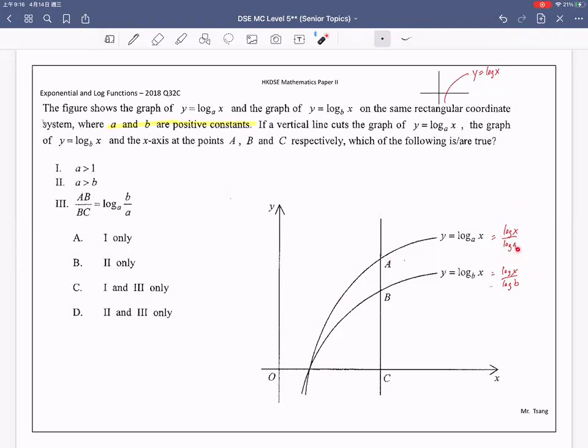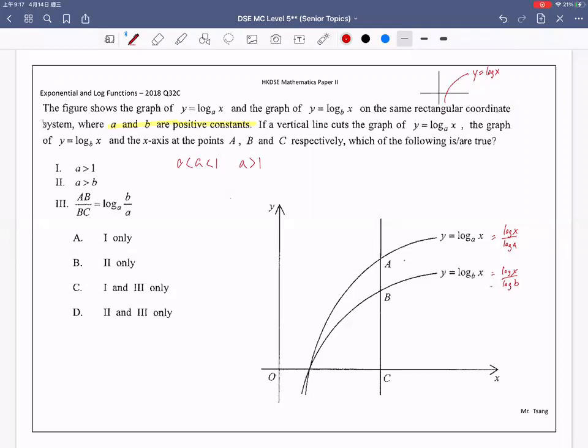Because for log, if the number is greater than 0, we have two cases. Let's say A is in between 0 and 1, and A is greater than 1.